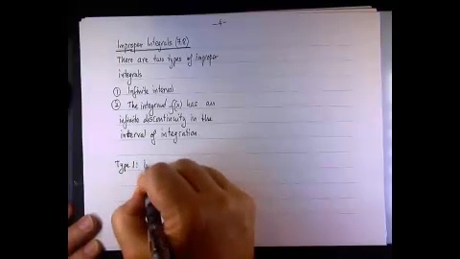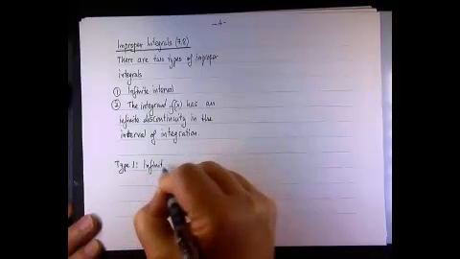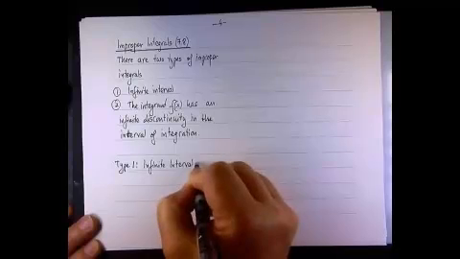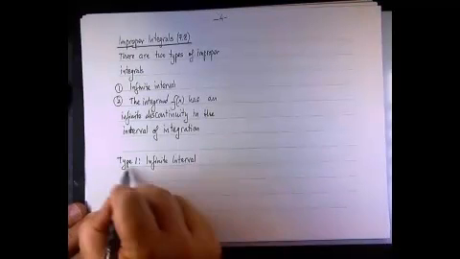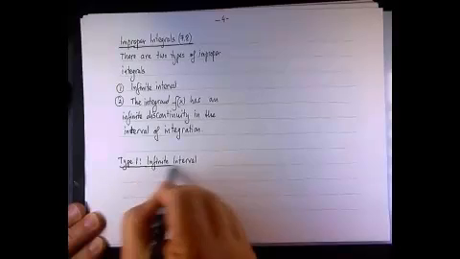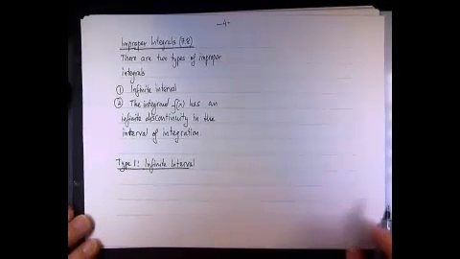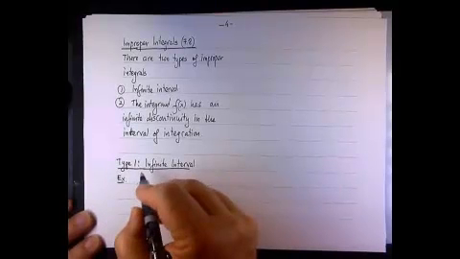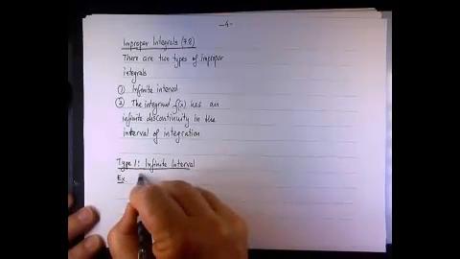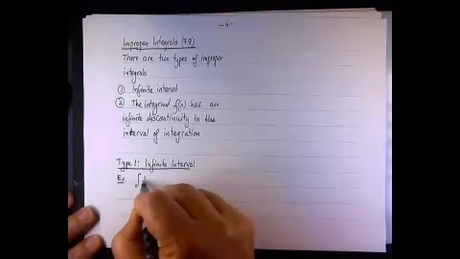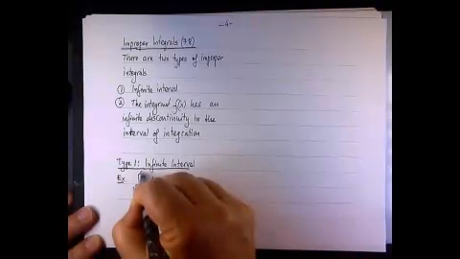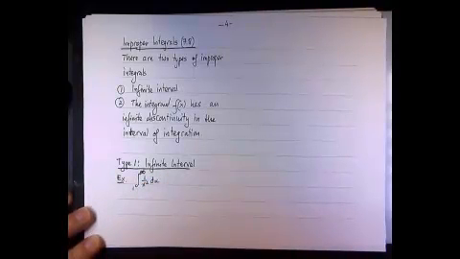Type 1, we are dealing with infinite intervals. For an example, let's say we want to integrate 1 over x squared, the same function that I talked to you about, from 1 to infinity.